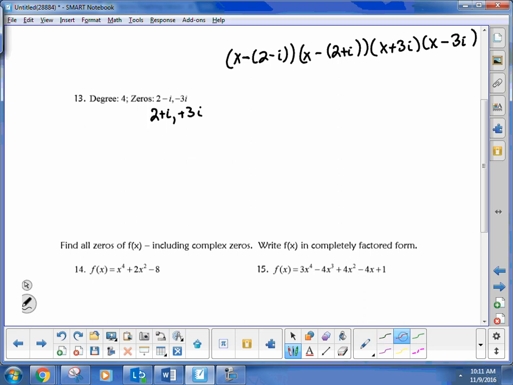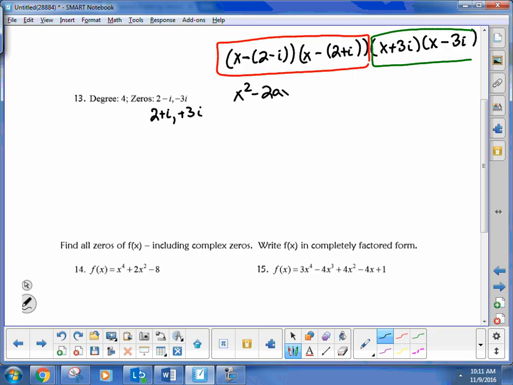Now, we have two parts. This part, shortcut. Now, even though this one has i's, this part you're just going to FOIL regular method. Okay, so let's do the shortcut on this side. x squared minus 2ax plus a squared plus b squared. This one I discovered that from here a is 2, b is 1.